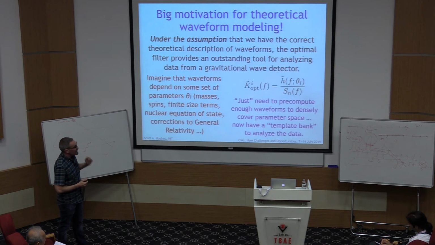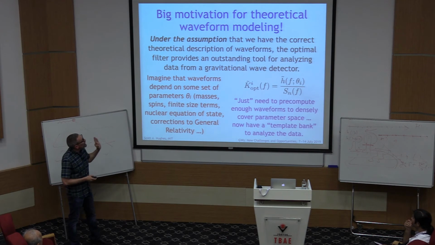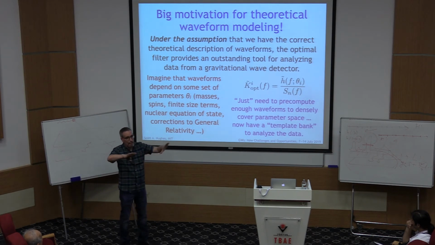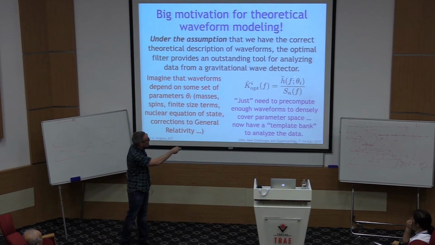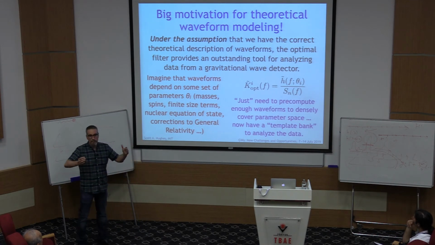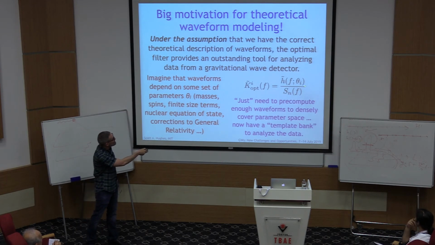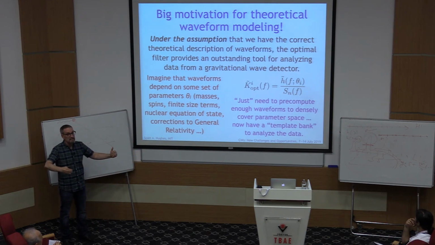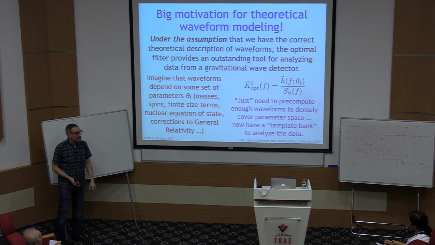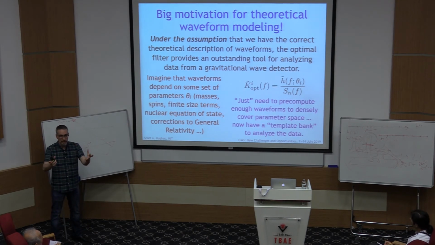And the particular use for this, and I will go into this a little bit in my final lecture, ties into a lot of the stuff that Badri talked about this morning. If we assume that we have the correct theoretical description of our waveforms, with this optimal filter we essentially populate exact theoretical models for the waveforms, parameterized by whatever knobs and buttons are attached to our model. So my theta sub I here might be the different masses, they might be spins, they might be things related to the finite size of a neutron star and how that can affect the gravitational waveform, or the equations of state.